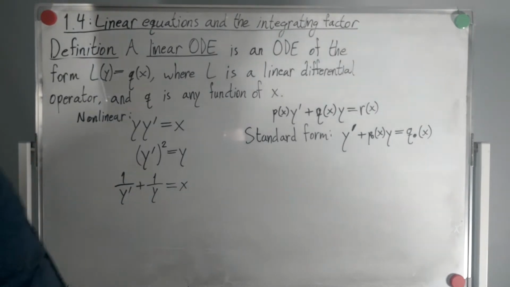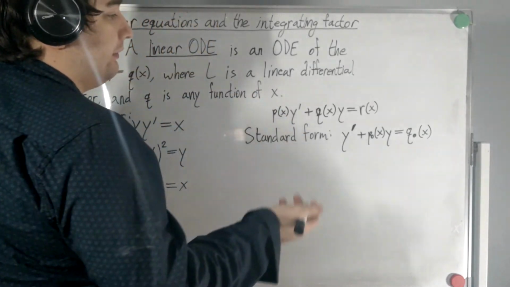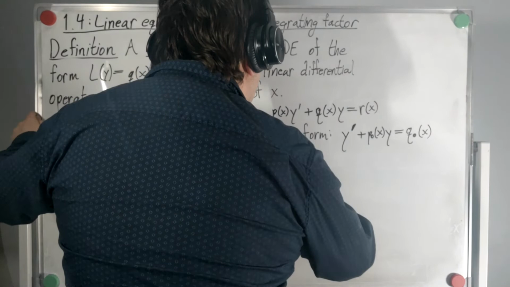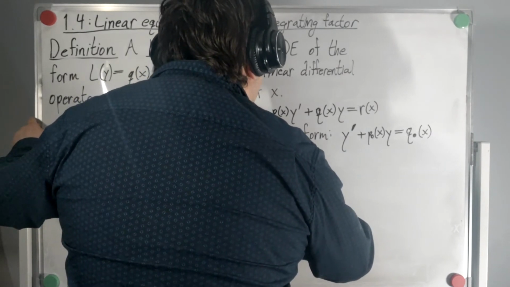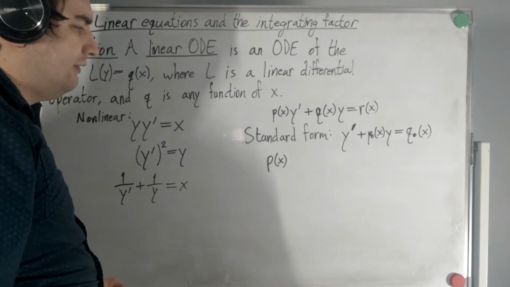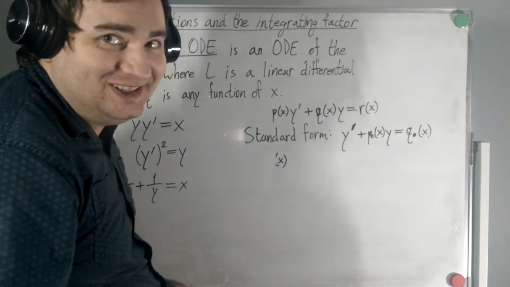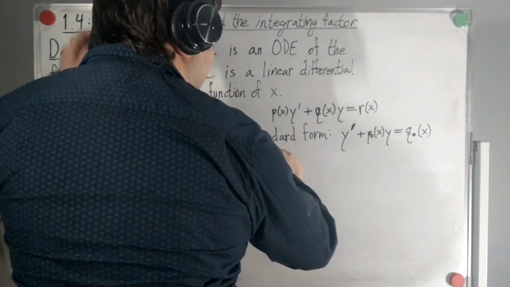So now that you've put it into the standard form, you need to define what's called the integrating factor of this ODE. I denote that by rho of x in my notes. However, rho looks too much like p, so I've learned from teaching this class that students will prefer that I use a different Greek letter for it.